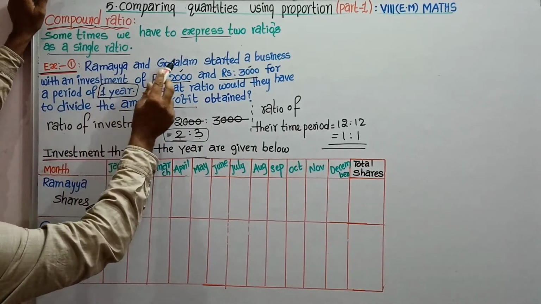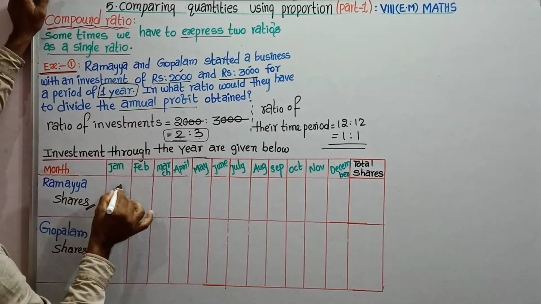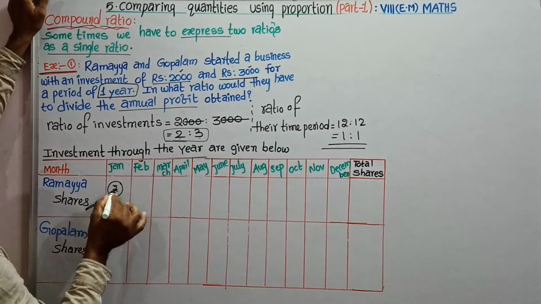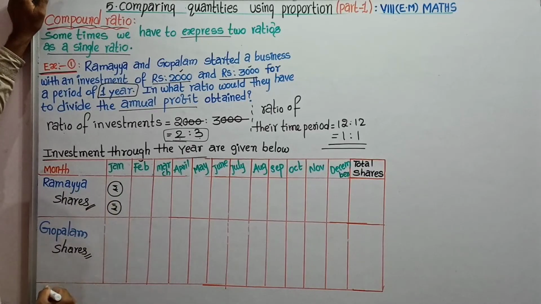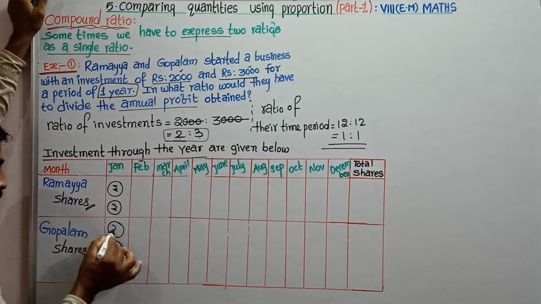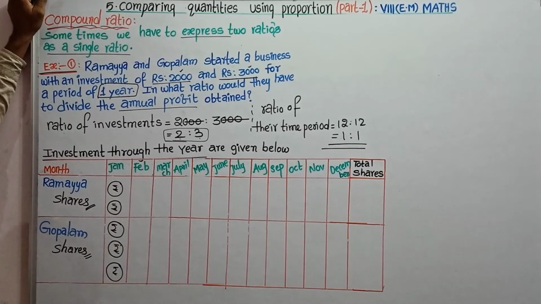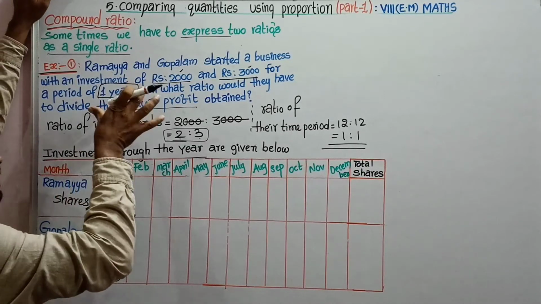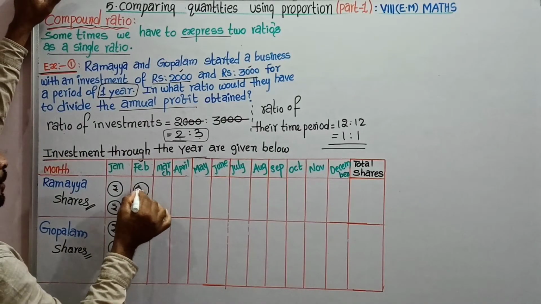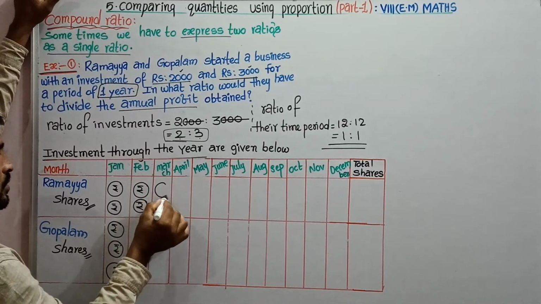And Ramaya and Gopalam both invested for a 1 year period. So every month investment of Ramaya is 2 units only.